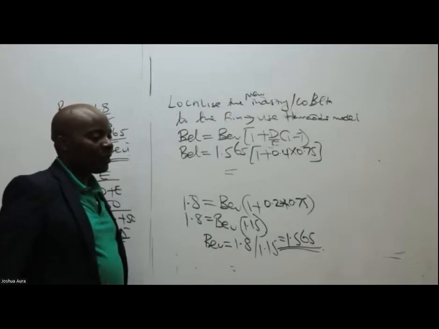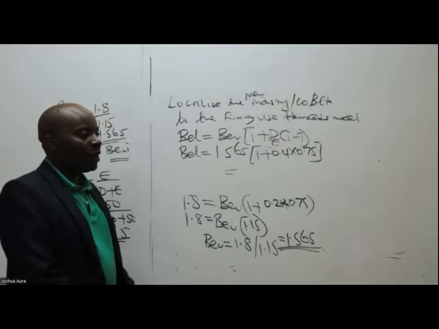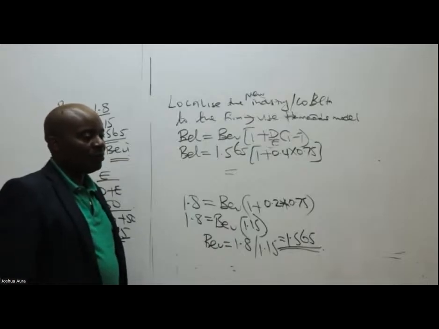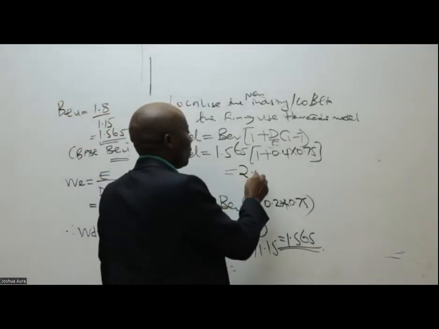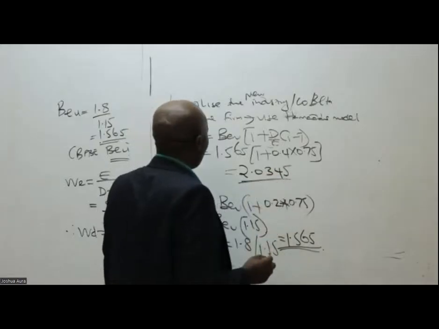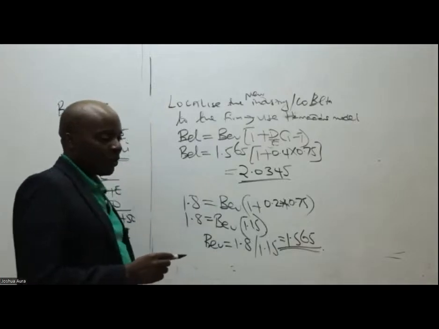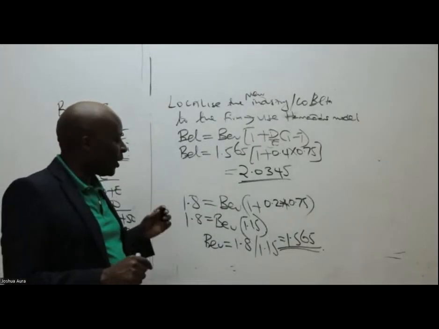Using your calculators, what will be the beta equity of a levered organization then? So this is 2.0345, like that. That's beta equity of a levered organization. I've been able to localize. I've been able to get this BEL.